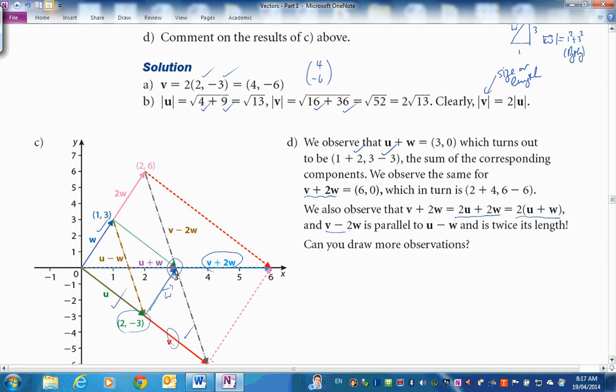v take 2w is parallel to u take w and twice its length. So here we need to just look at these separately, I think. So here, u take w there and v take 2w, trying to look at the fact that they are parallel. And you could actually do all this with components.